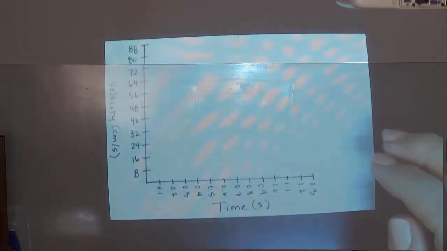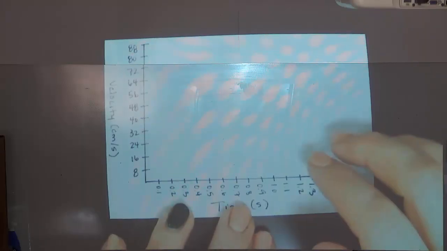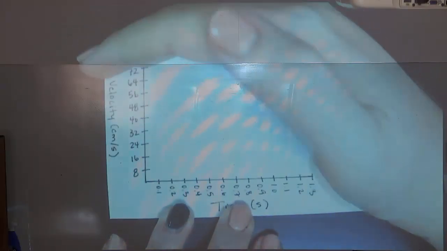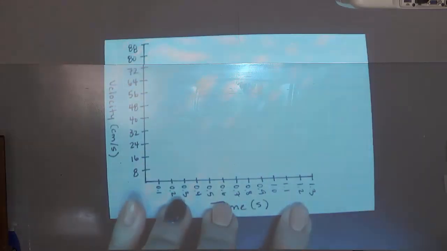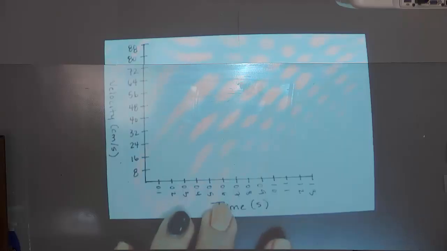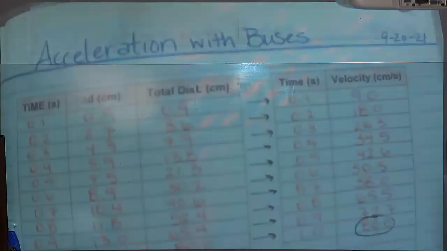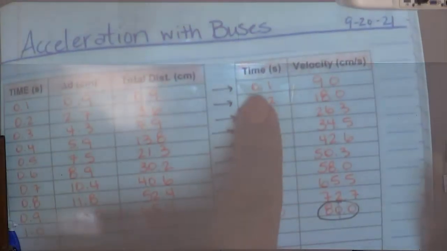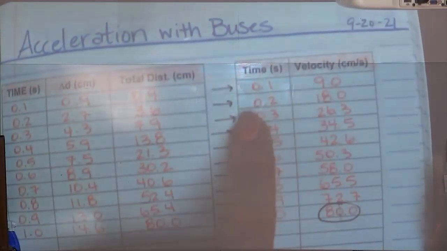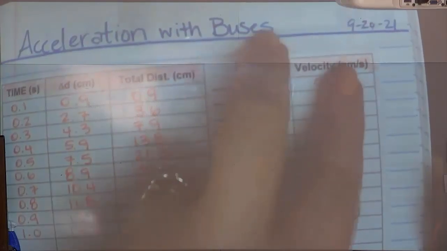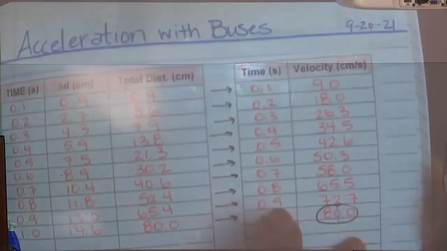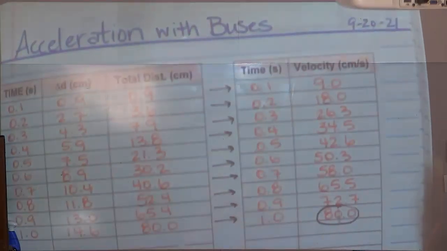So you should use the same colors that you used before. I know that you can't see all of the blue lines on my graph paper, but that's okay. You'll still be able to tell what it is that I'm doing. So again, you're looking at time and velocity. Time, velocity, time, velocity. Make sure you're only graphing time and velocity.